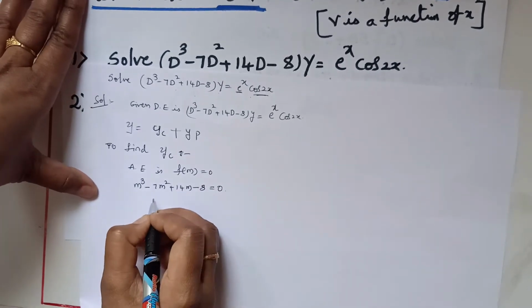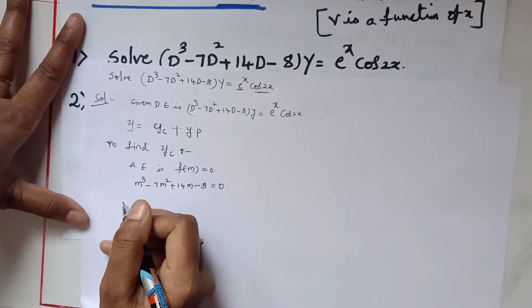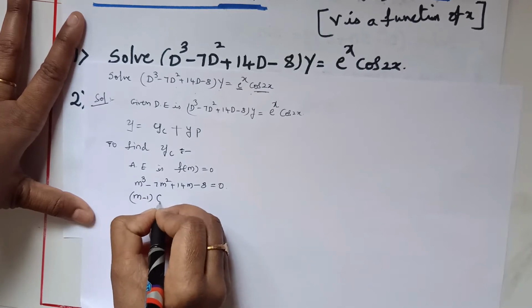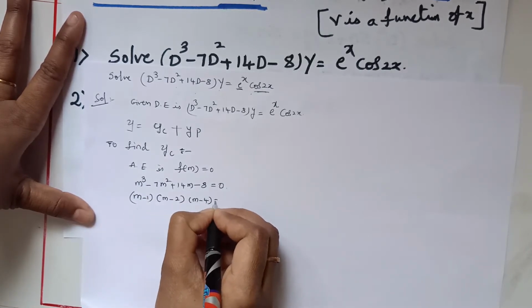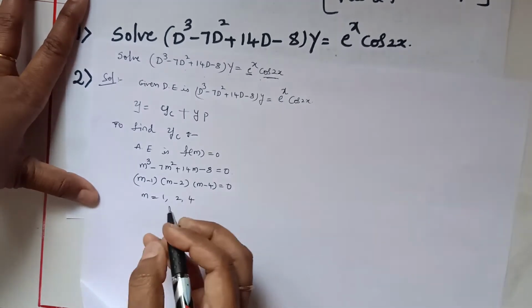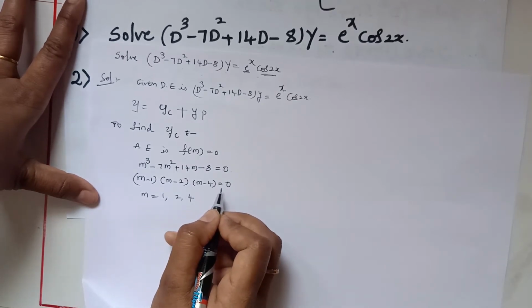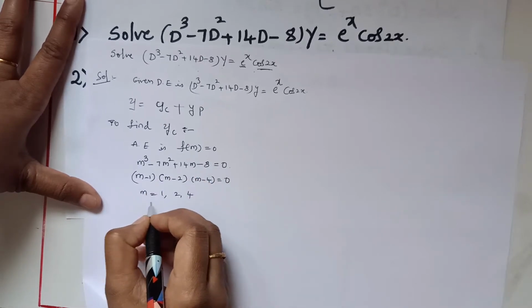To get the roots of this auxiliary equation, you can use synthetic division. By synthetic division, we'll get 3 roots, which are 1, 2, 4. This can be written as m minus 1 into m minus 2 into m minus 4 is equal to 0. Therefore, the roots of the auxiliary equation are 1, 2, 4.